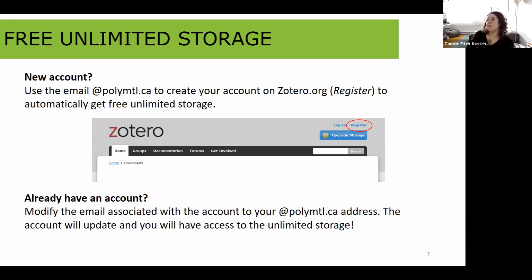So once all of these steps are done, when you're registering, if you'd like to have the free unlimited storage space online, it's important when you're registering to use your Polytechnique email account, and automatically you'll have access to free storage that way. If you already have a Zotero account, it's quite easy.